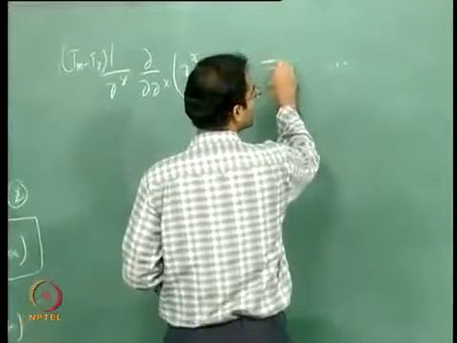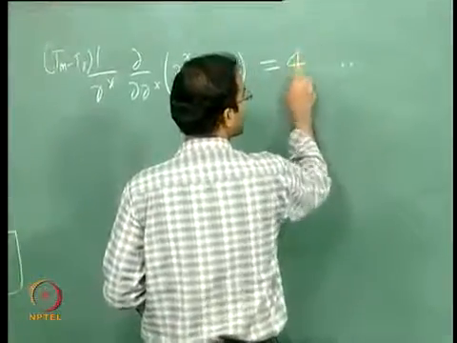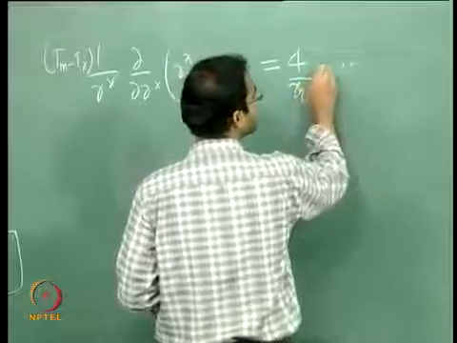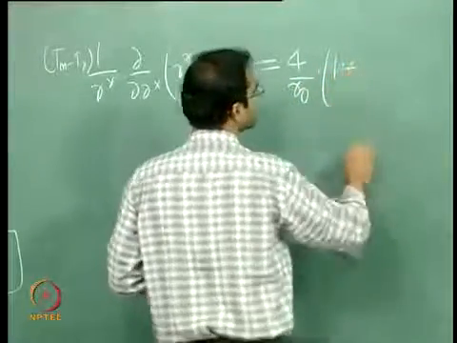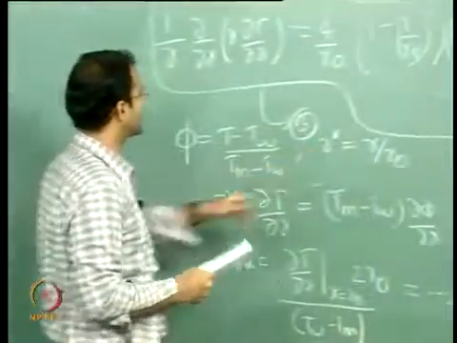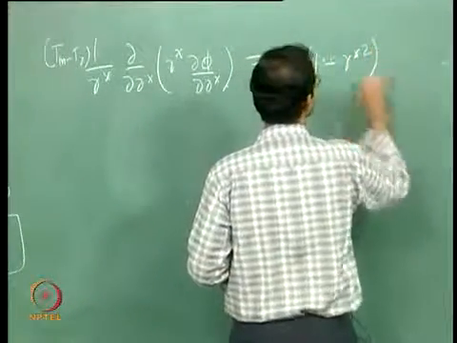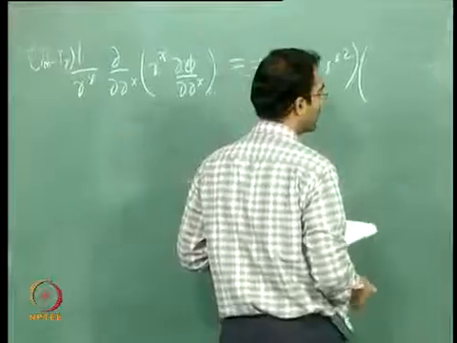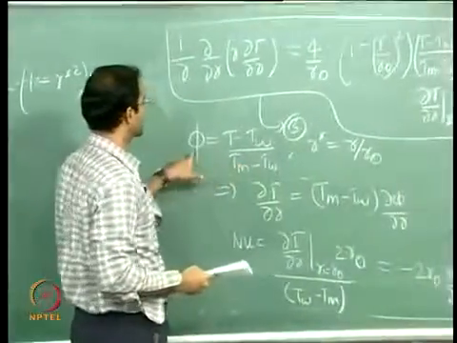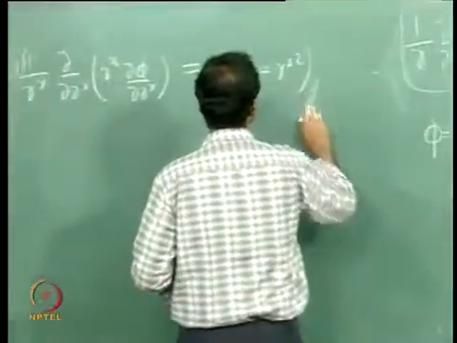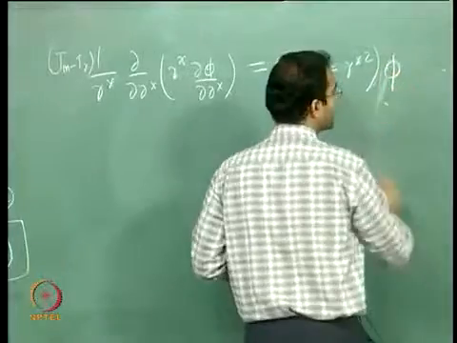This should be equal to 4 by r naught into 1 minus r by r naught, which is r star, so this is r star square, times T minus T wall by Tm minus T wall, which is phi.